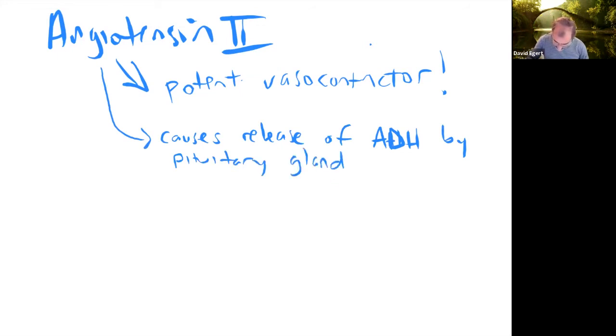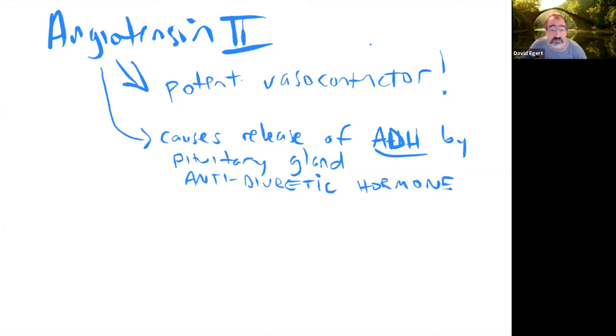ADH, antidiuretic hormone. This is a hormone released by the pituitary gland, and it's going to do a variety of things that are important here. One thing is it's also a potent vasoconstrictor.